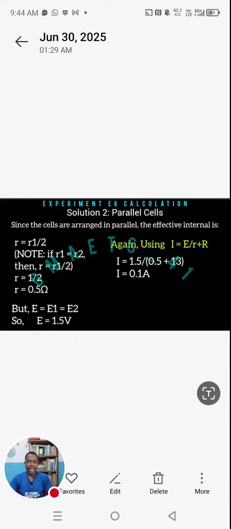If you solve that out, you are going to get 1.5 divided by 13.5, which is equal to 0.1 ampere. So do you see that the current that will be delivered in this case will be 0.1 ampere? That's the current that will be taken by the bell.